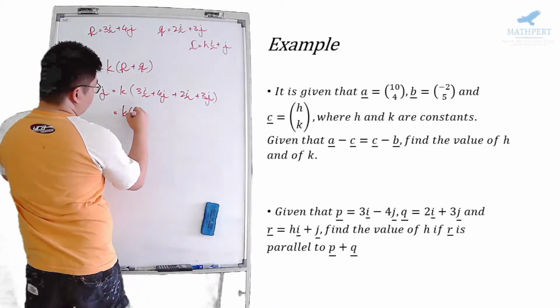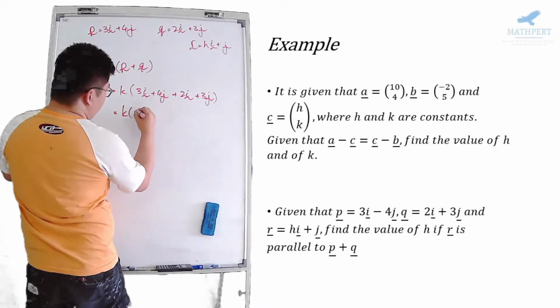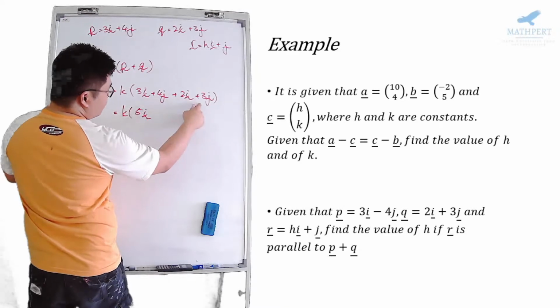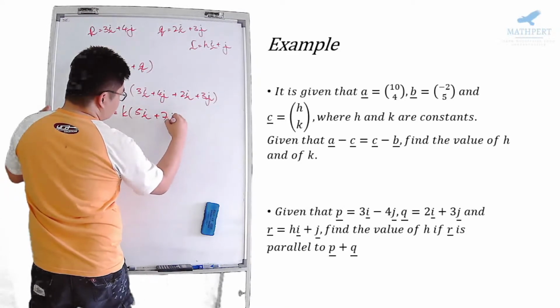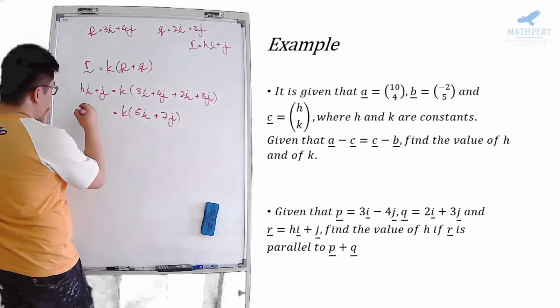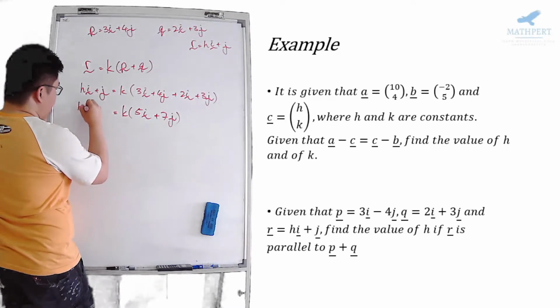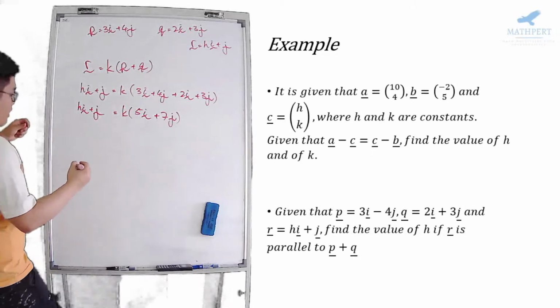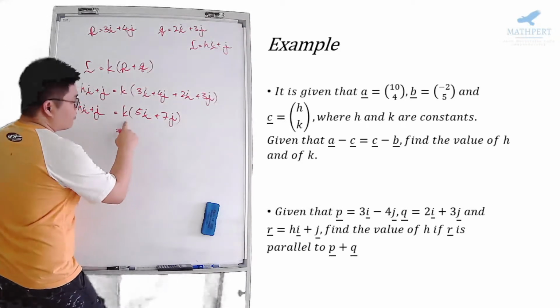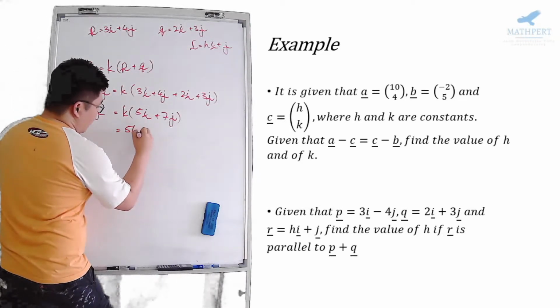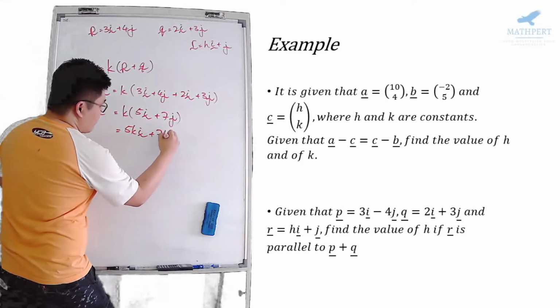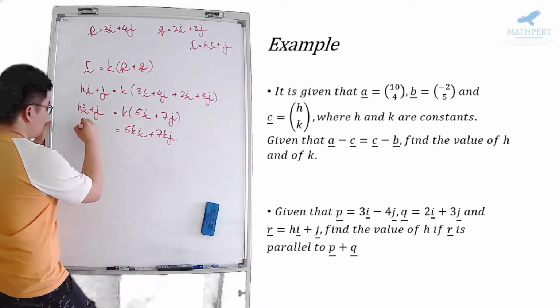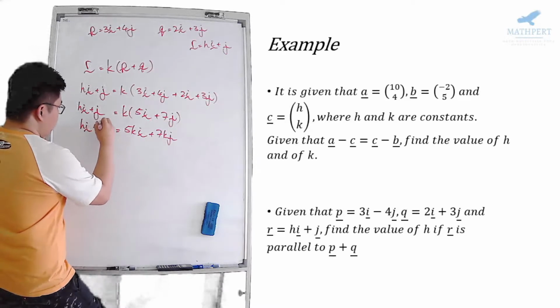So K times 5i plus 7j equals hi plus j. Before I compare, let's multiply in: 5ki plus 7kj, equals hi plus j.